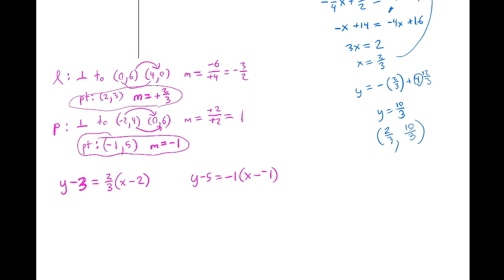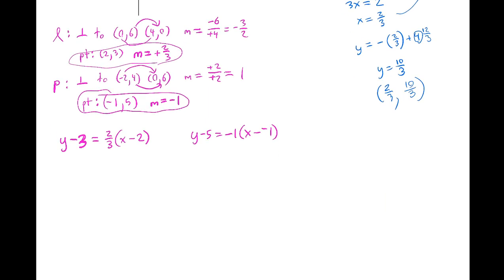Now I'm just going to rearrange these and then do a system of equations. So this is y minus 3 equals 2/3 x. Oh, I was supposed to distribute that: 2/3 x minus 4/3, right? Yep. And then we add the 3, so we get y equals 2/3 x.